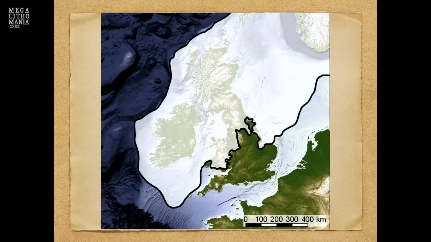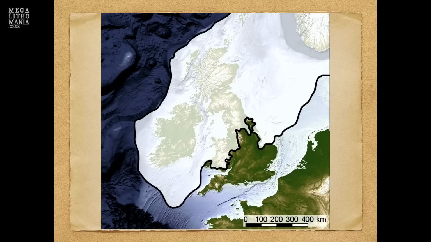So here we have Britain covered in ice, and we know exactly where this ice terminated. You can see how intricate the terminus of the ice is. We know where it ended because we have the evidence. We have the drumlins underneath the ice. We have the drop stones and the erratics, as they call them, the stones that were dropped at the edge of the ice sheets, the terminal moraine, the scratches on the hills. So we know exactly where this ice was and where it wasn't.